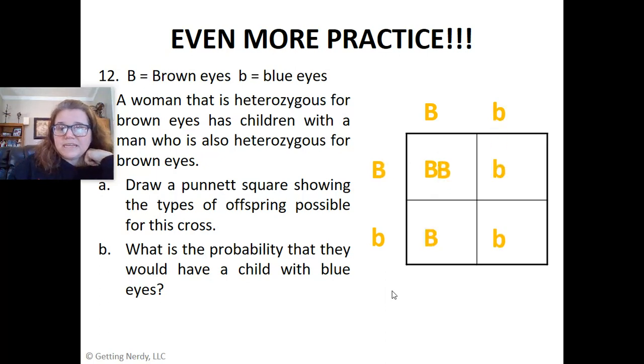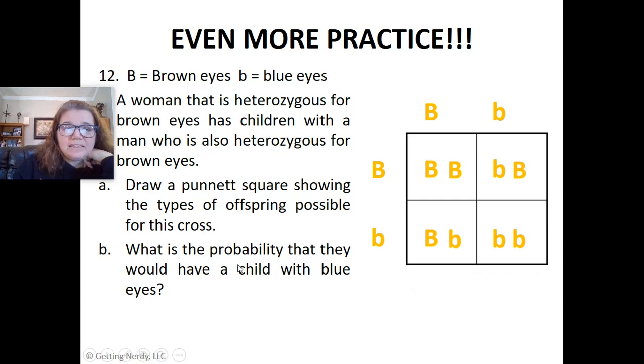See how the father goes down and the mother comes across. And look at that last couple squares. This one in particular, they wrote that one backwards. Even though this is the father's, when you write it, you need to switch those, okay? Have the capital B first. So that's your Punnett Square.